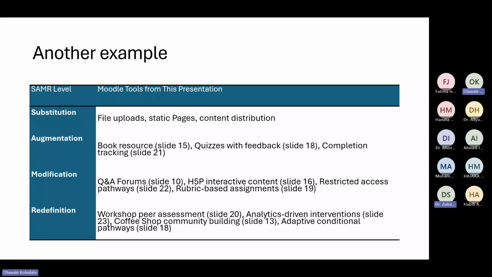Then the second phase can be something like augmentation, which can be the use of book resources as explained in slide 15, quizzes with feedback as explained in slide 18, completion tracking, and so on. Then modification can be the introduction of interactive content from H5P, SCORM, and so on, and rubric-based assessment.